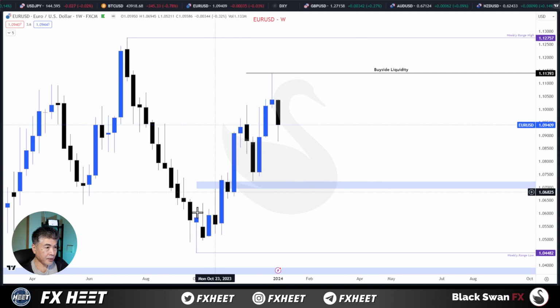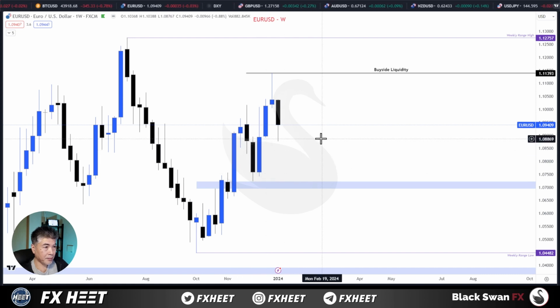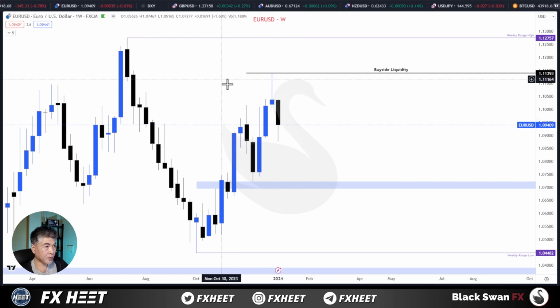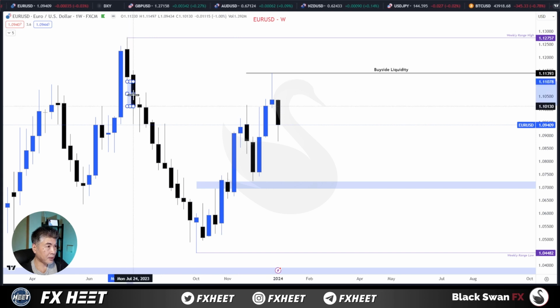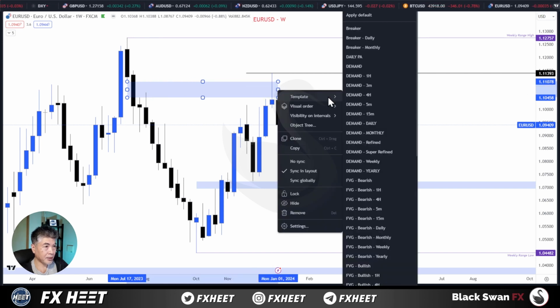And you can see a lot of the fair value or the inefficiency has already been filled. The only thing that we've done here is we've actually come into the order block, but there really isn't so much in terms of inefficiency left behind. This has been partially filled here, but completely filled here.